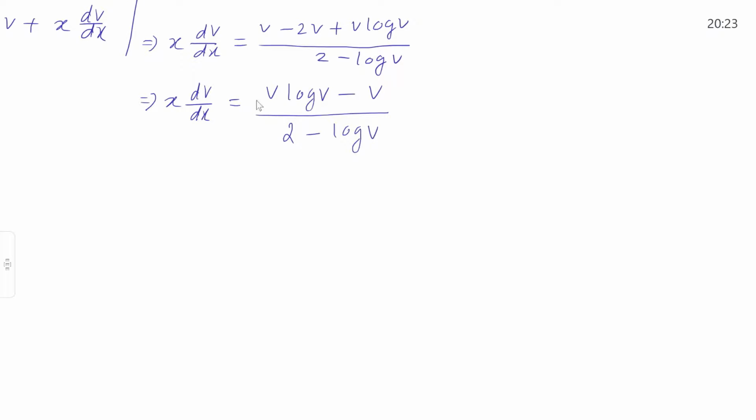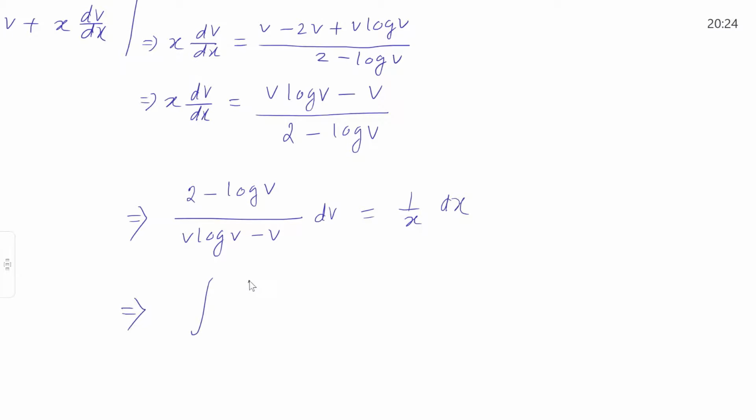You have understood, surely, shifting it, the numerator becomes 2 minus log of v divided by v log v minus v dv is equal to 1 by x dx. We will get this, and this implies integration, apply integration, nothing else. 2 minus log of v divided by, here v is common.